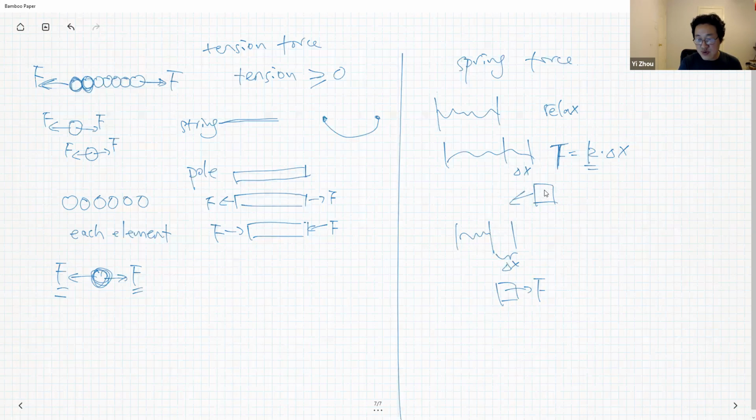So this is the pull, and this is the push, equals k delta x. Does anyone not know Hooke's law? F equals k delta x, right? We'll see that later.